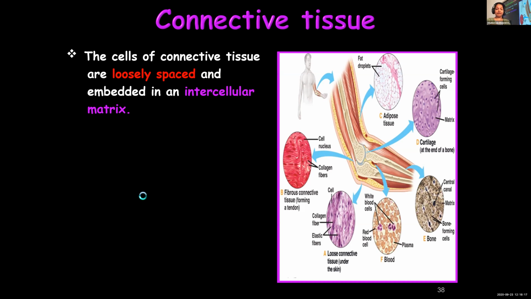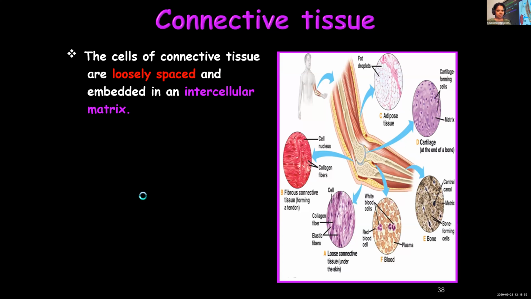The spaces in between the cells are filled up by a substance, and you call it the matrix.